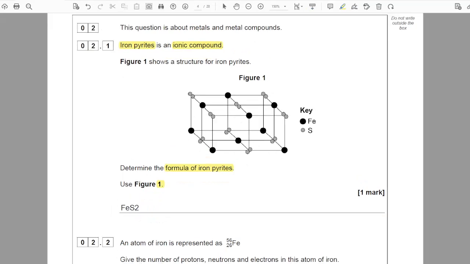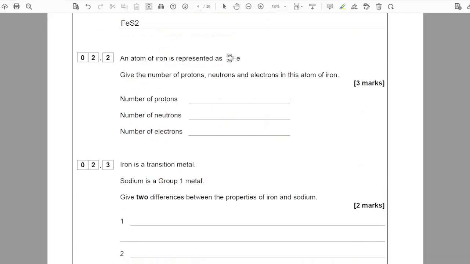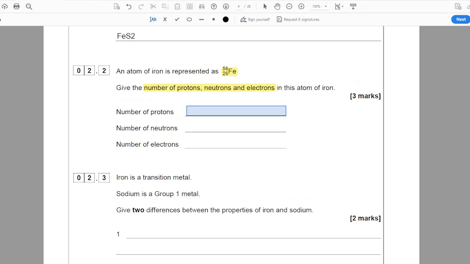2.2. An atom of iron is represented as Fe, and it's given you the numbers 56 and 26, the relative mass number and the proton number. Give the number of protons, neutrons and electrons in this atom of iron. So you're given the proton number at the bottom, 26. So there are 26 protons.